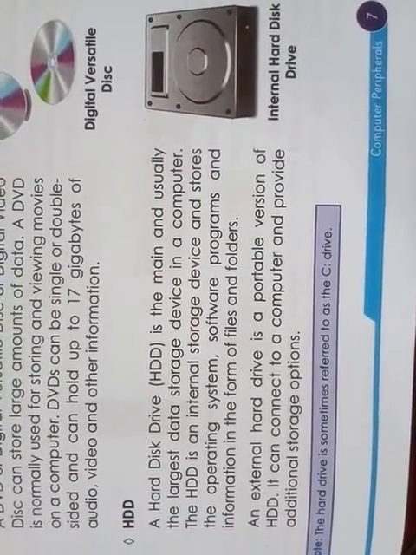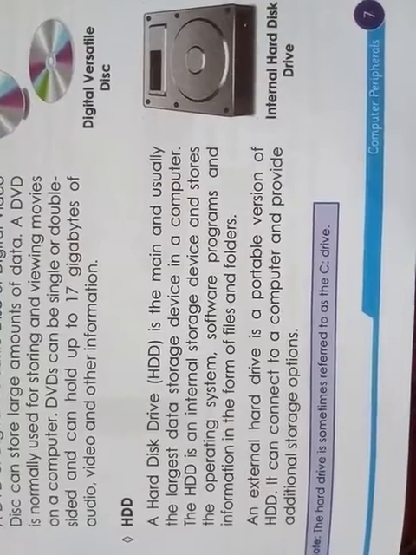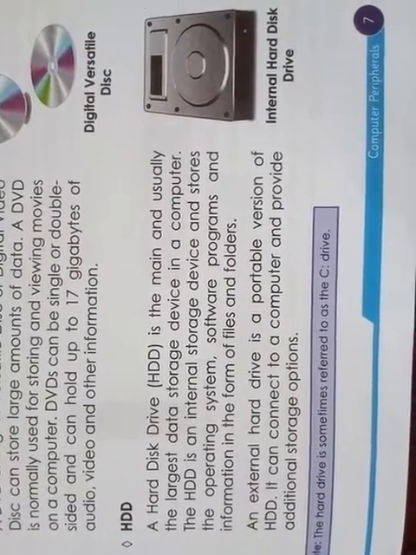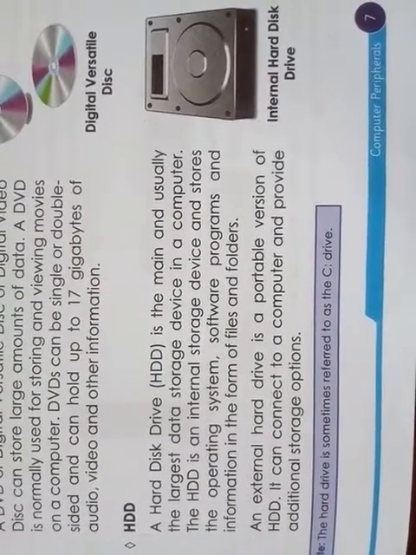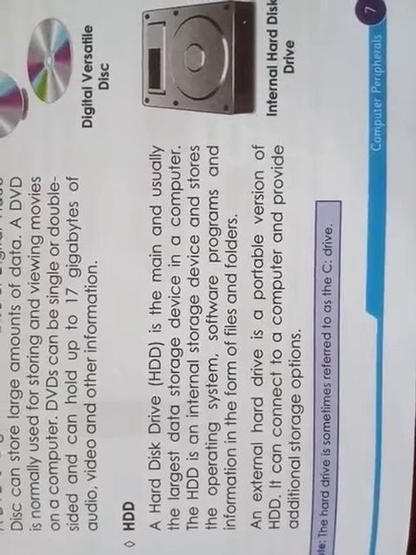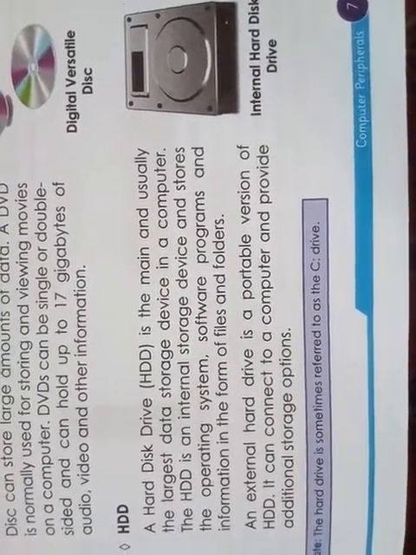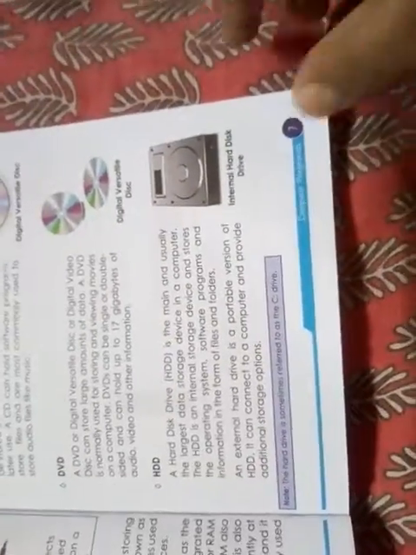An external hard drive is a portable version of the hard disk drive. It can connect to a computer and provide additional storage options. The internal hard drive is sometimes referred to as the C drive.